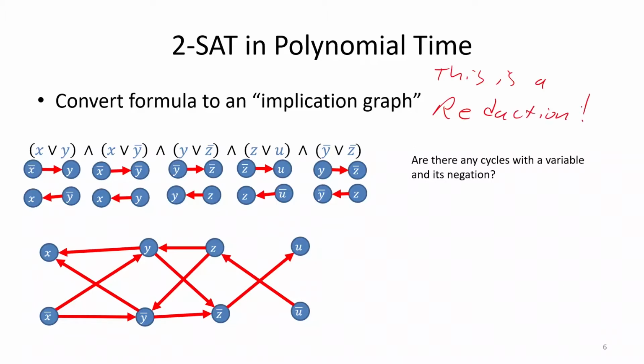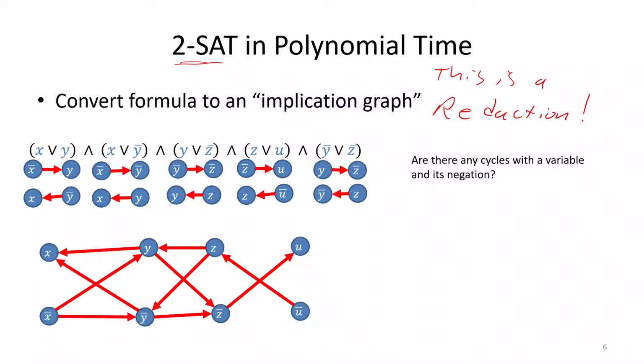What we actually did here was a reduction, where a reduction in this case is basically just a way of solving problem A by solving problem B instead. So we have a way of taking our instance of 2-SAT, and we converted that 2-SAT formula into a graph, so that if we solved an entirely different problem on that graph, we had actually come up with our solution for 2-SAT.